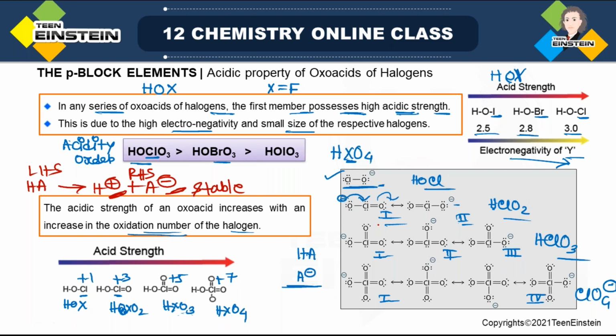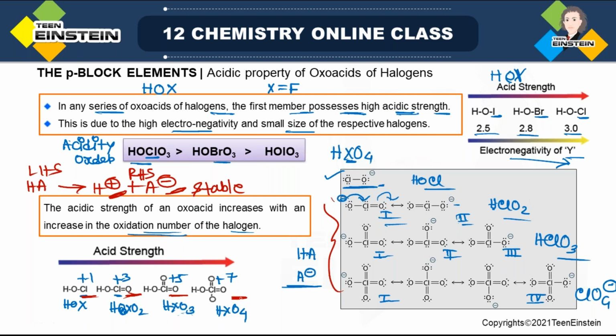So here the conjugate base is stable because of the increasing number of resonance structures. So that is the reason, as we are moving from HOCl to HClO2, HClO3, HClO4, acidity is increasing. So one explanation you can give on the basis of increasing oxidation state.